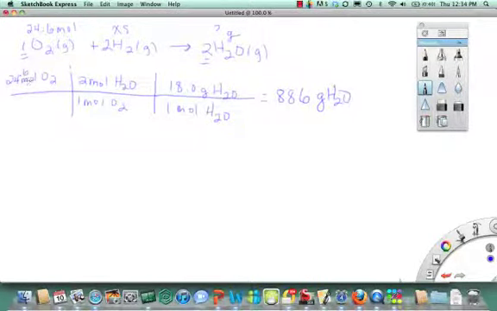So notice how my moles of water cancel, and we're left in grams of water, which is what we wanted to begin with.